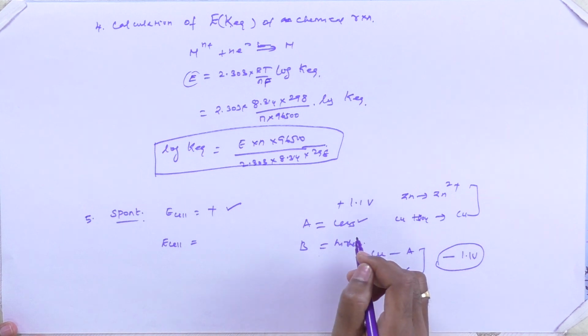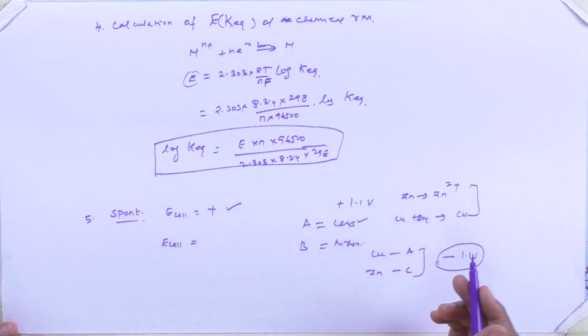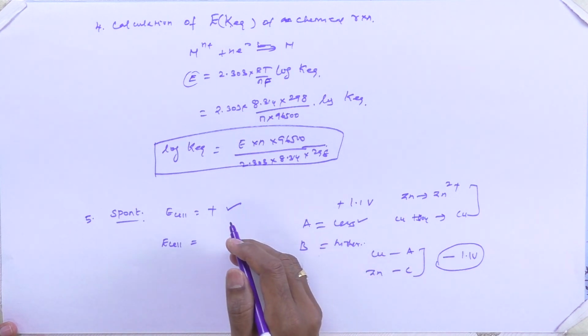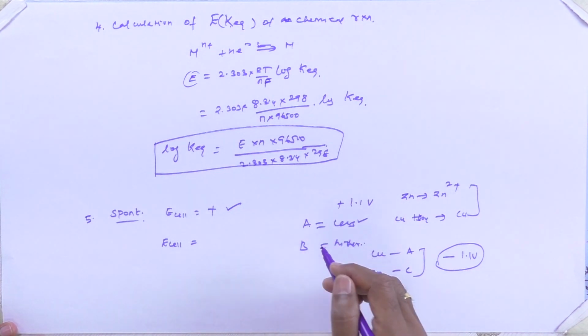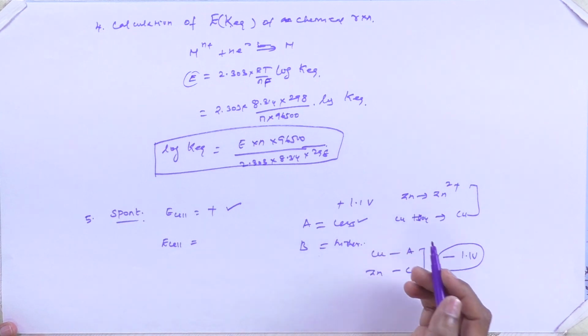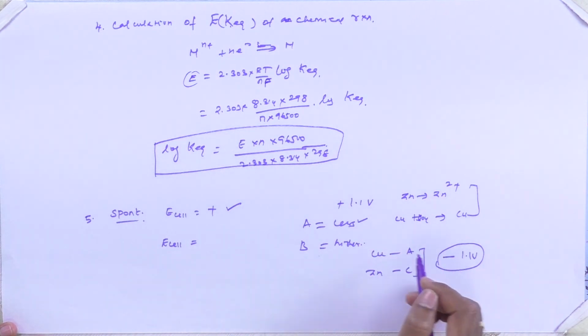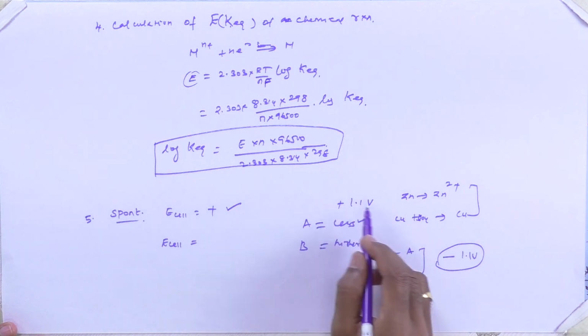If you keep them like this, we get a positive value. If you keep them reversed, with the higher value metal on the left and the lower value metal on the right, the cell reaction will be reversed, which means we will get a negative output. So the cell reaction cannot be feasible, and there won't be any output at all.